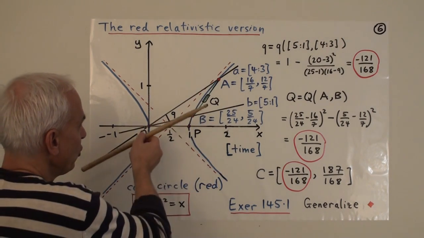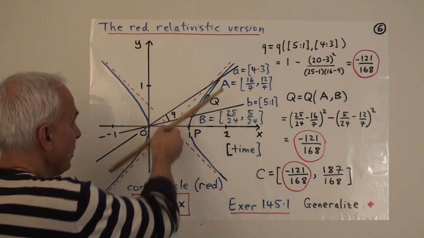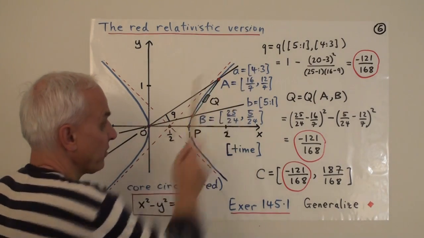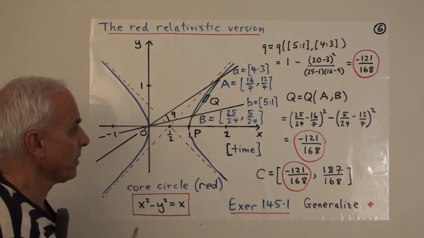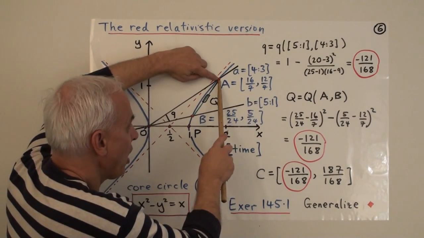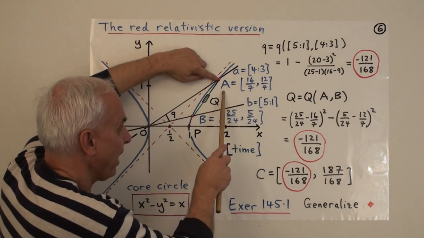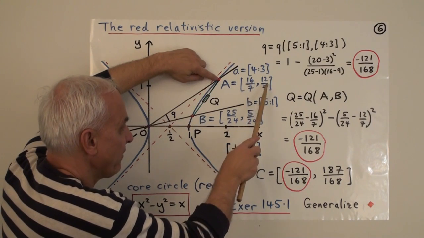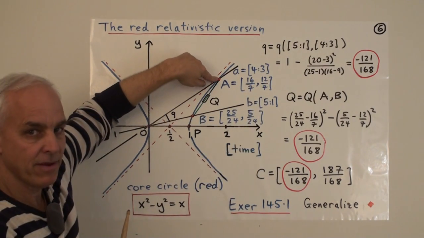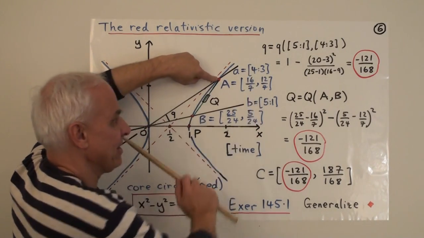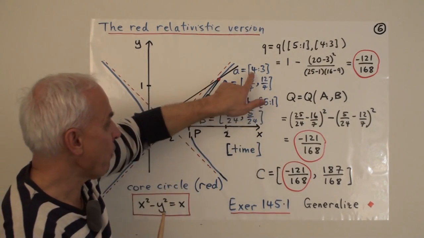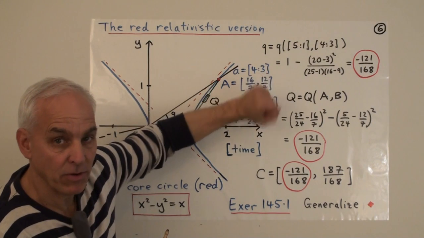And we're going to choose two projective 1 points: little a, which is 4:3, and little b, which is 5:1. The corresponding points on the core circle are capital A, which is (16/7, 12/7). How did we get that? We multiplied both of these coordinates by x over 4 squared minus 3 squared, which is 7.